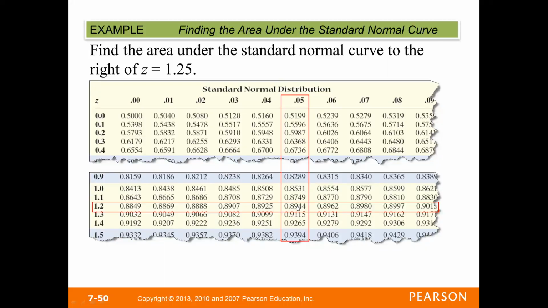Well, what does that represent? That says that the area to the left of 1.25 is 0.8944. To get the area to the right, I'm going to have to take this value away from 1.